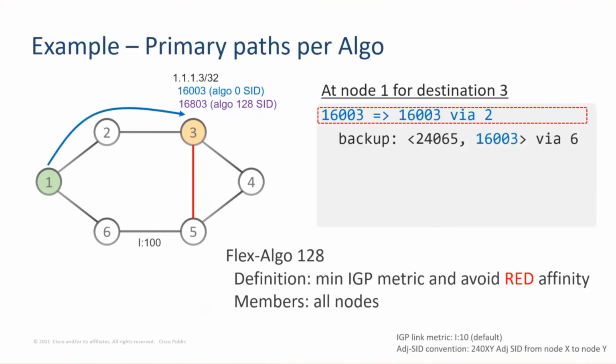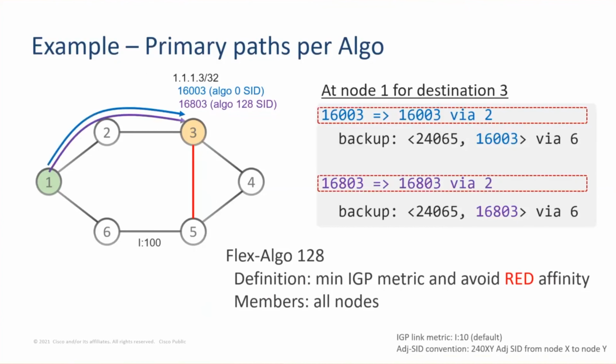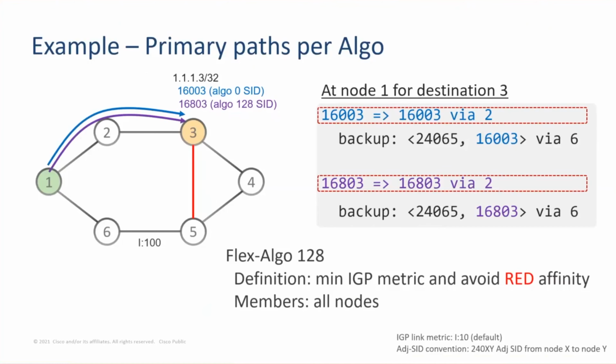Both the primary paths for Algo 0 as well as Algo 128 will go via node 2 and then onto the destination node 3. You can begin to see as well that there are going to be backup paths computed independently for Algo 0 and Algo 128. And you will notice that the backup path is encoded using the labels corresponding to Algo 0.